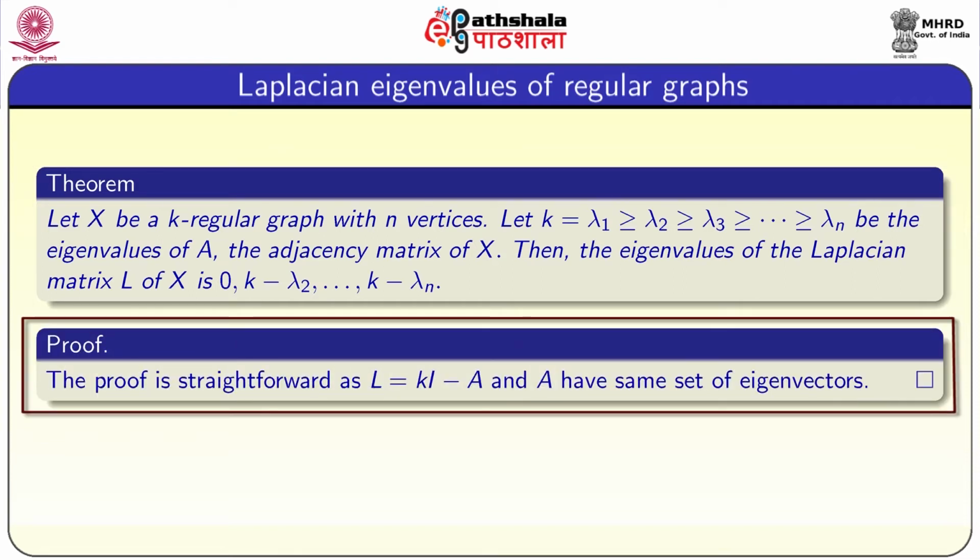The proof is simple. In fact, the proof is shorter than the statement. The simple reason is, in this case the Laplacian matrix is equal to k I minus the adjacency matrix, where k I is a scalar matrix. Since every vector is an eigenvector for k I, the eigenvectors of L and A are the same. So, that is why we get this result.